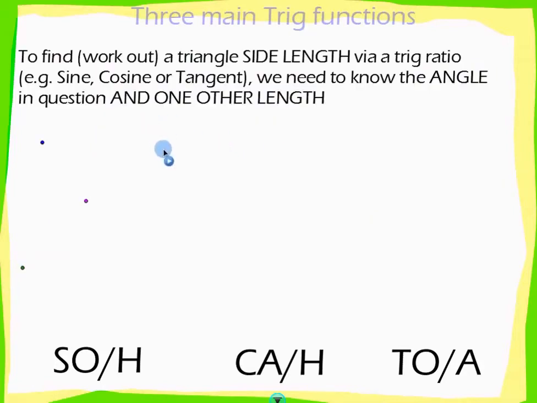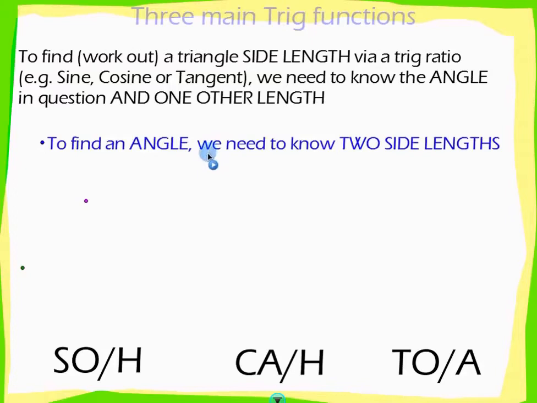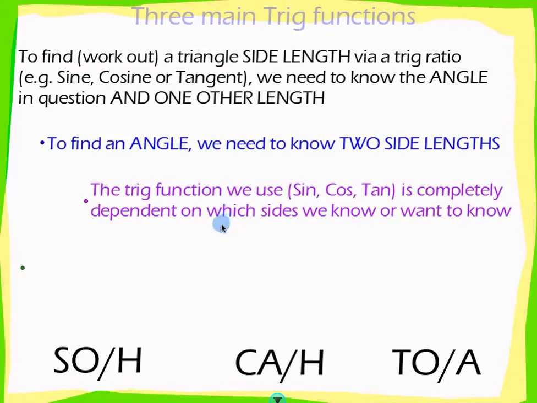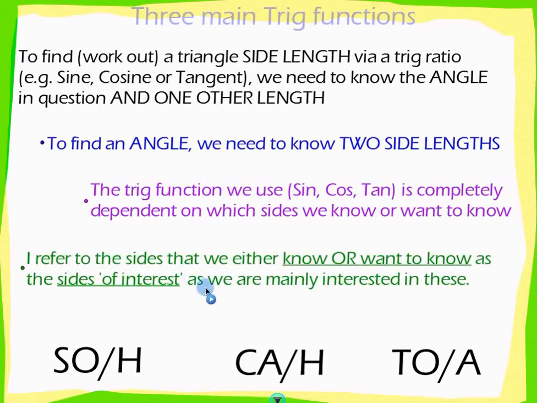To work out a triangle side length via a trig ratio, we need to know the angle and one other length. To find an angle, we need to know two side lengths. The trig function we use, either sine, tan or cos, is completely dependent on which sides we either know or which sides we want to find out. And this will all make a bit more sense when we do some examples.